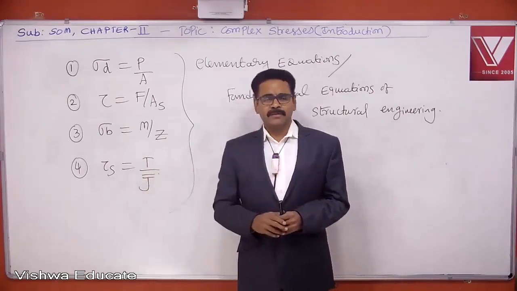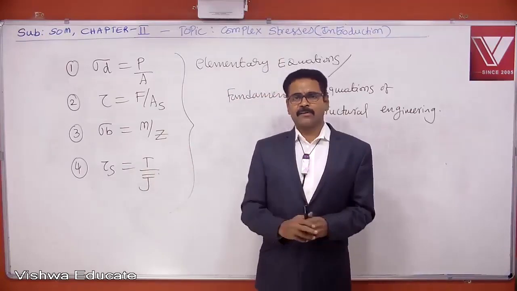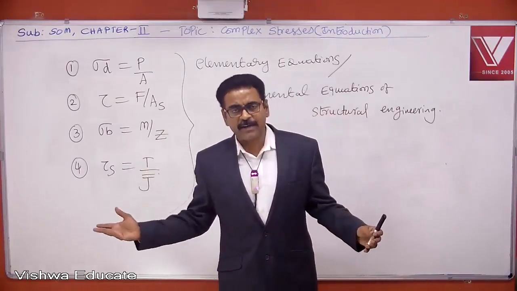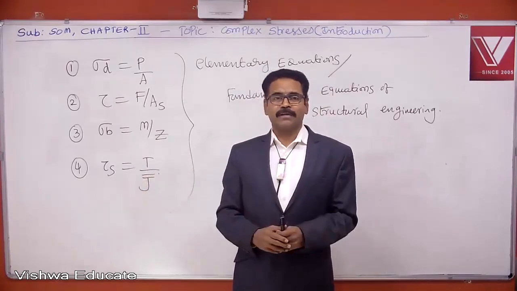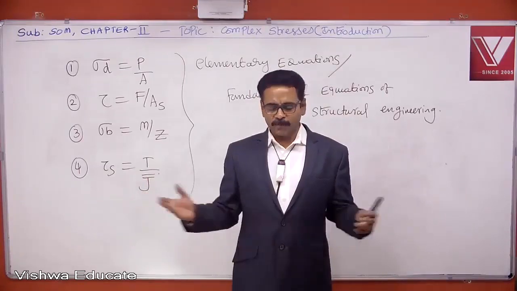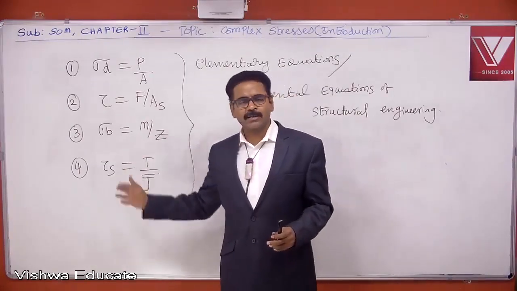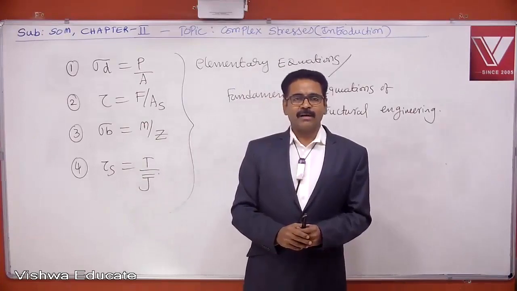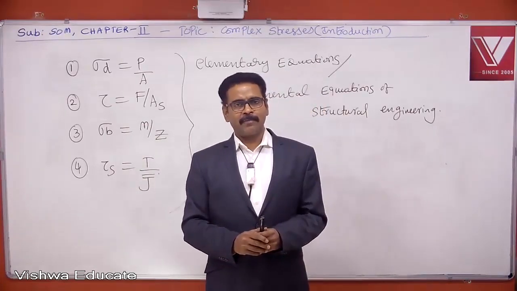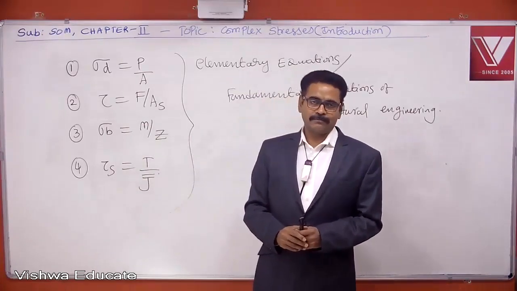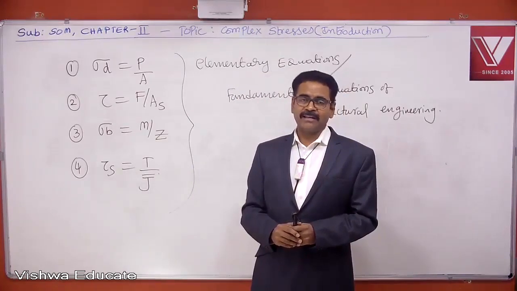According to type of material, type of loading, combination of loading, a structure may fail about any plane. We don't know which plane. But one point, always all structures will not fail about only cross-section and surface planes. They can fail about any plane.